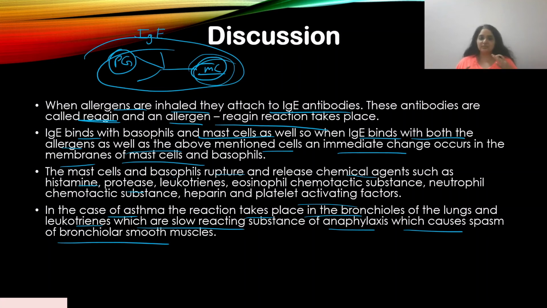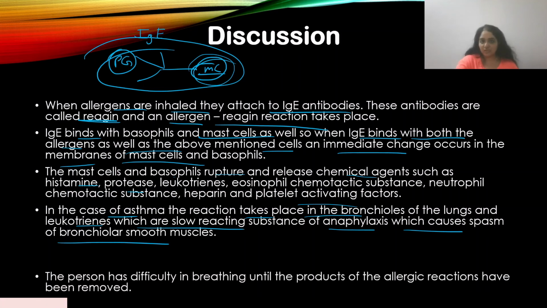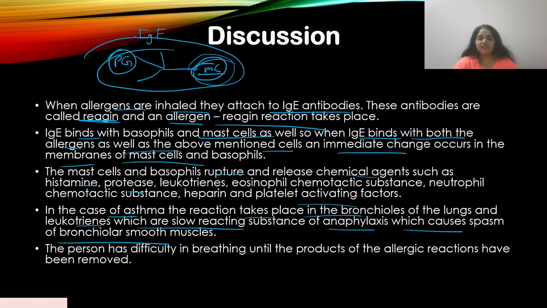The person will only come back to normal when those reactive substances are removed from the body, so the person has difficulty breathing until the products of the allergic reactions have been removed. Usually it is said that antihistamines also don't work in the case of an asthma attack, and only when the products of the allergic reactions are removed does the person feel relieved.